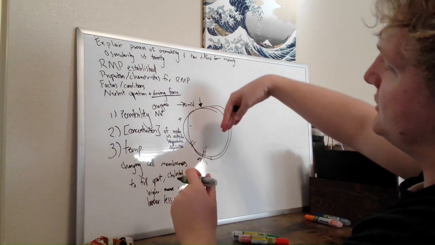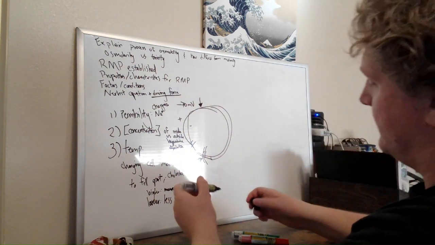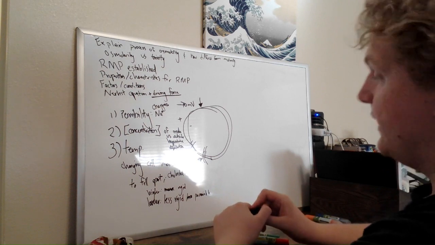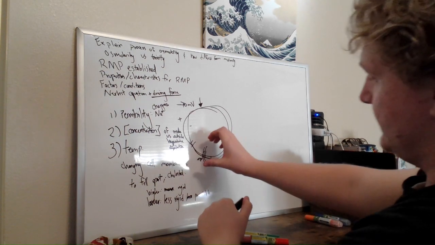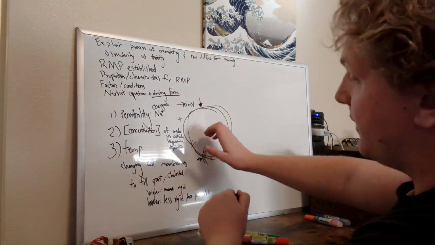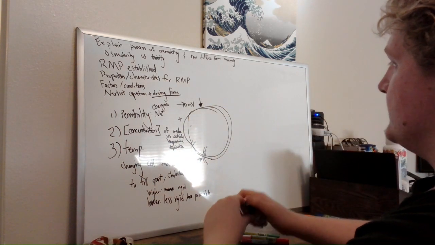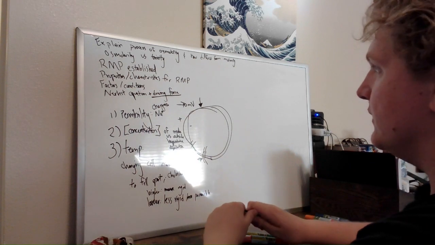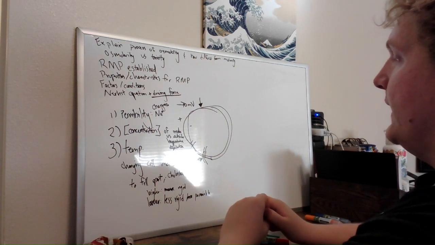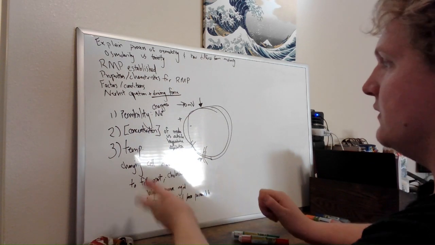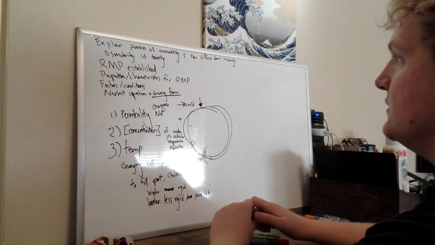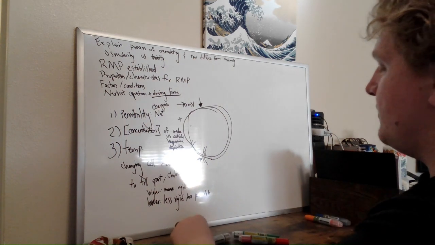What can happen, especially at higher temperatures when the membrane becomes more flowy, is that these protein channels and pumps and everything else can literally fall through the membrane of the cell. It just falls apart and pretty much dies. So yeah, these are some different factors that can change resting membrane potential.